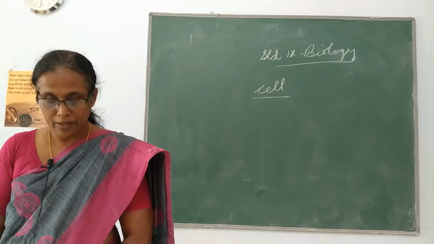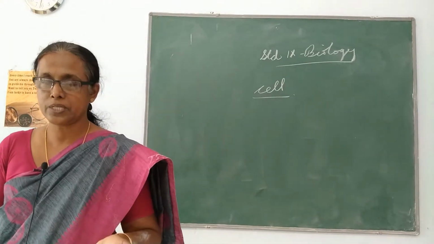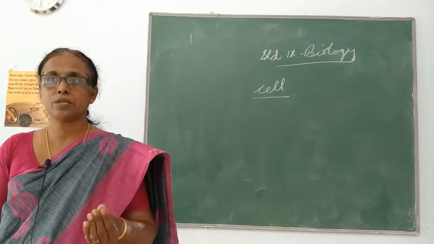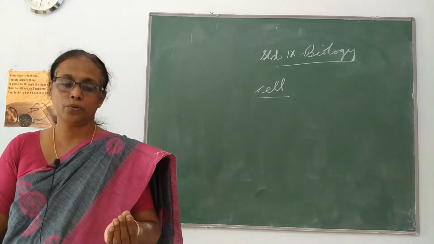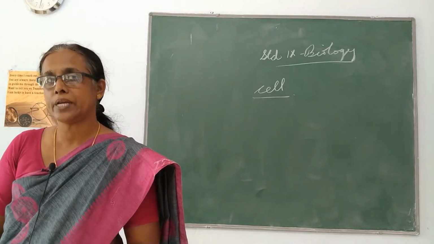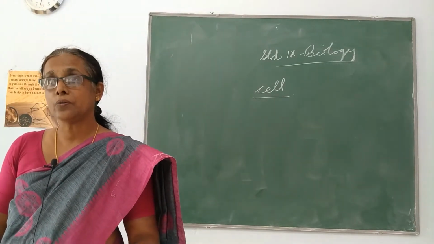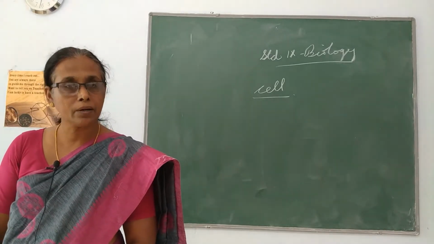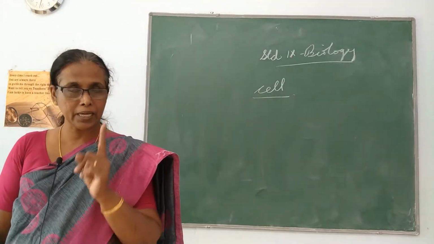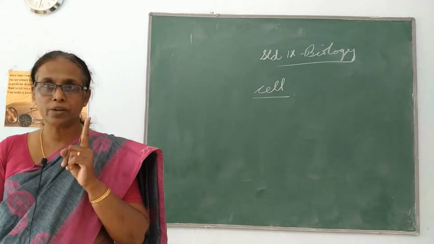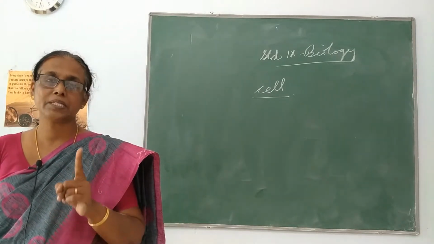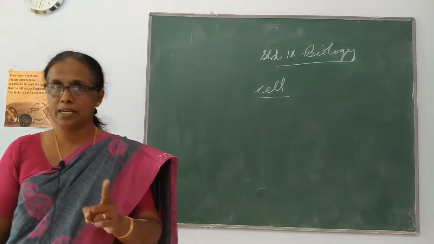So today we are going to see there are different types of organisms. You know, how many cells are in our body? There are thousands of cells in our body. But there are animals which have only one cell. That means they are the unicellular animals.